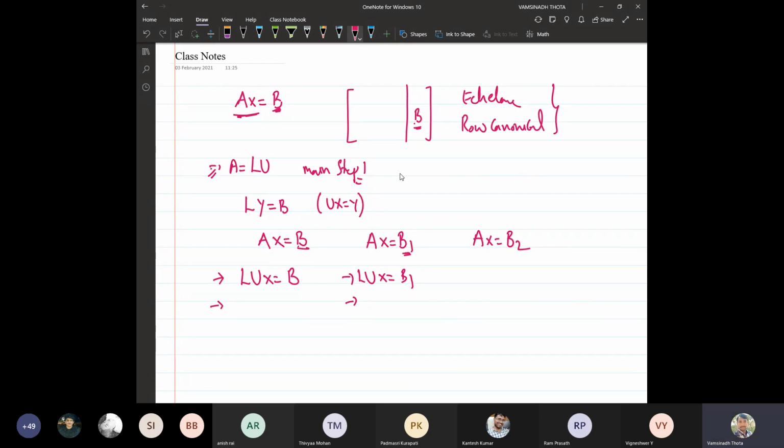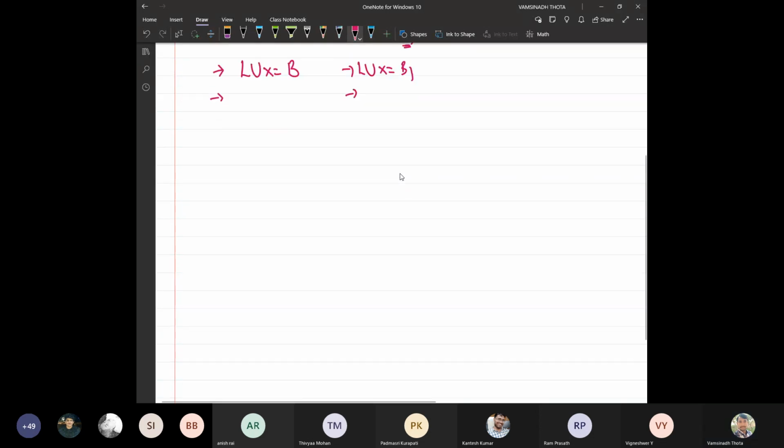The number of calculations is also less, so it takes less time and is easy to handle. This is one situation where you can work with the LU decomposition method. Another application is that using the LU decomposition, we can also find the inverse of a square matrix.